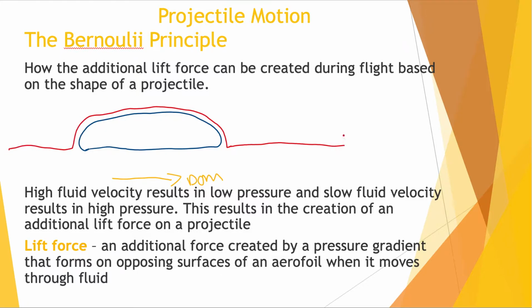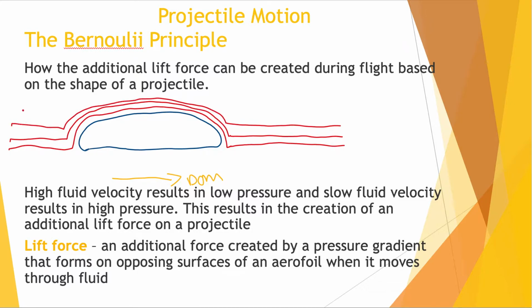The next piece of air here would also be forced up around the top, and by the way, I'm drawing those lines closer together on purpose. Again, another piece of air here, as it hits, is forced over the top, again squeezed together. That's on purpose, that the lines are close together, and it would finish over here.